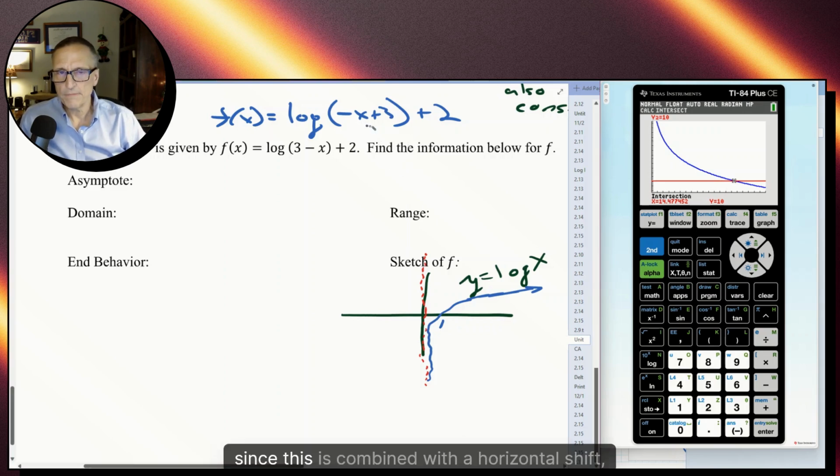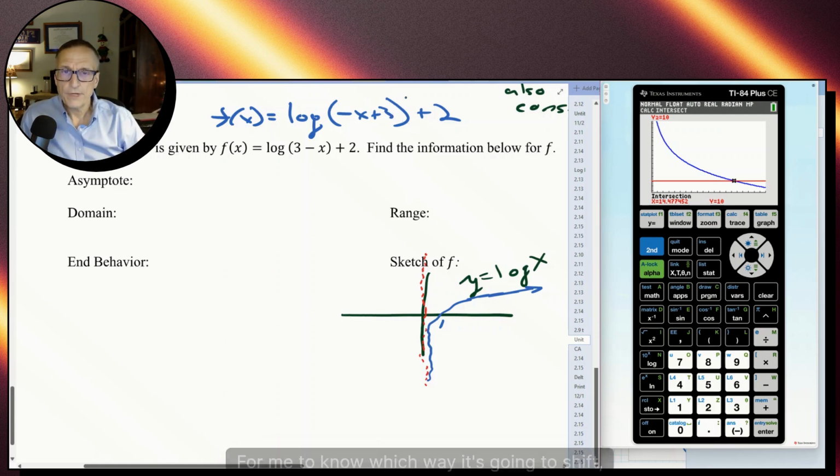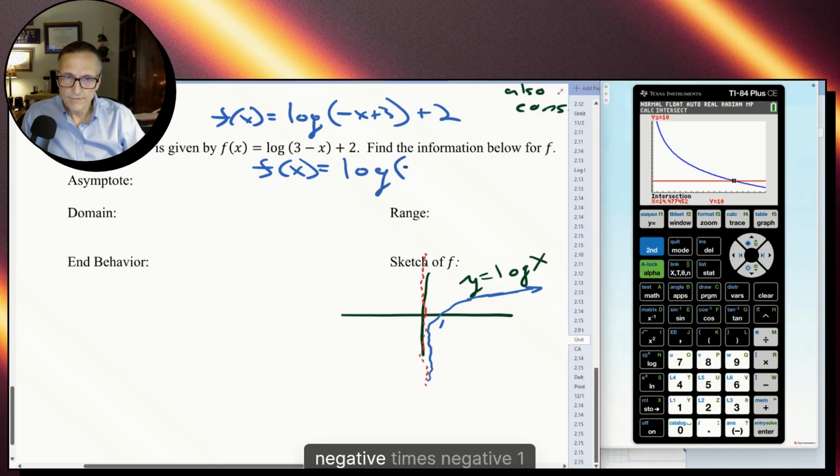However, since this is combined with a horizontal shift, which is what that plus 3 is going to do, it's going to shift this one way or the other. For me to know which way it's going to shift, I need to factor out that coefficient that's in front of the x. So I'm really going to write this as the log of negative 1 times x minus 3.